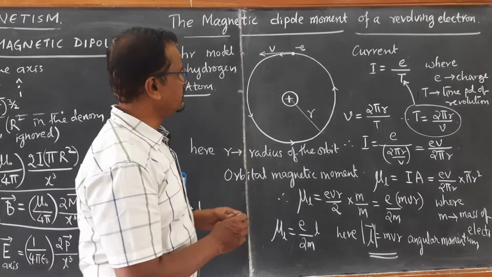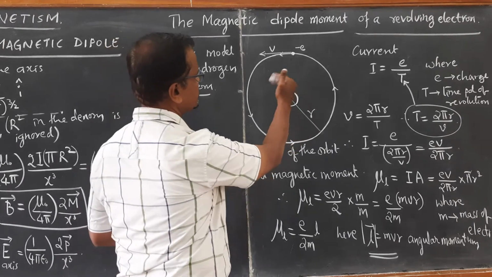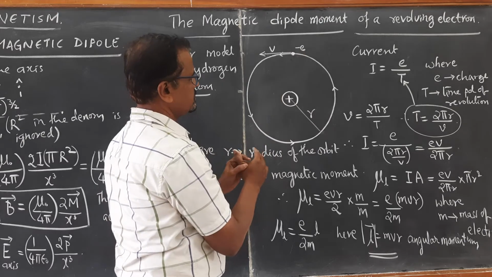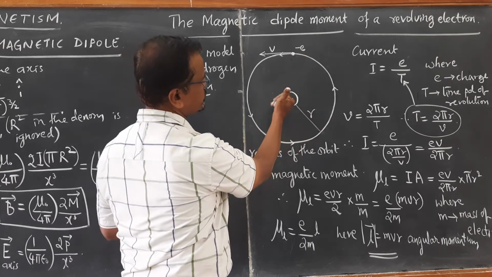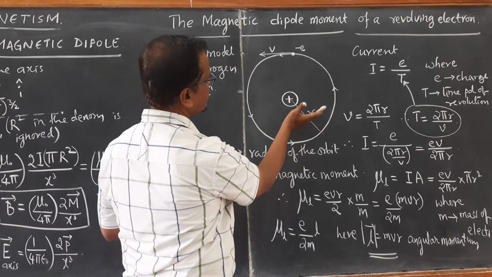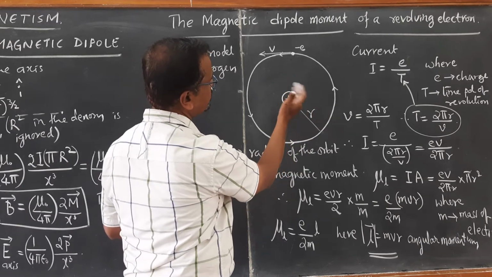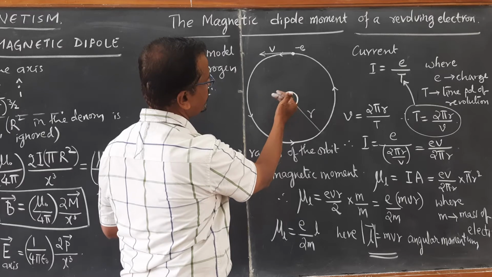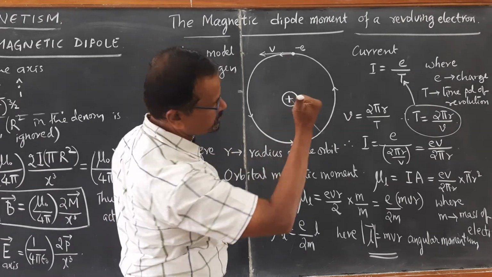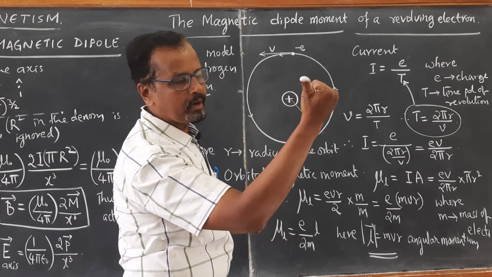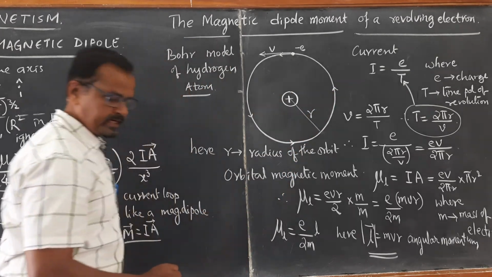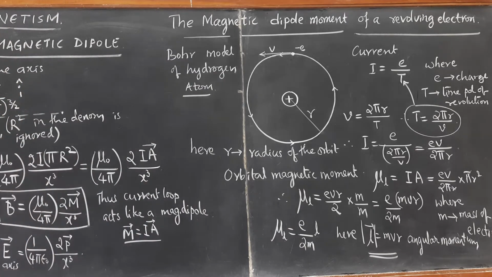When the electron revolves in the anti-clockwise sense, the angular momentum will be perpendicular to that, as we learnt last year. The direction of angular momentum is perpendicular to the plane containing linear momentum and radius, so it will be pointing vertically outwards. I will write here: L vector points vertically outwards.